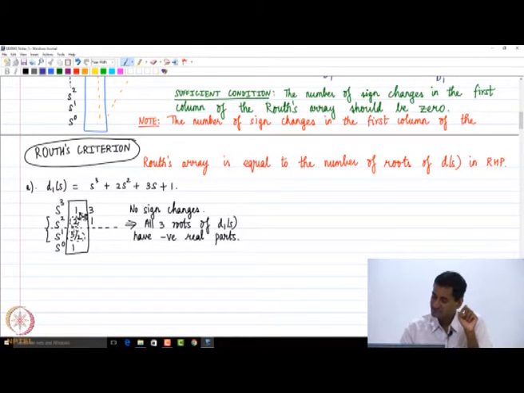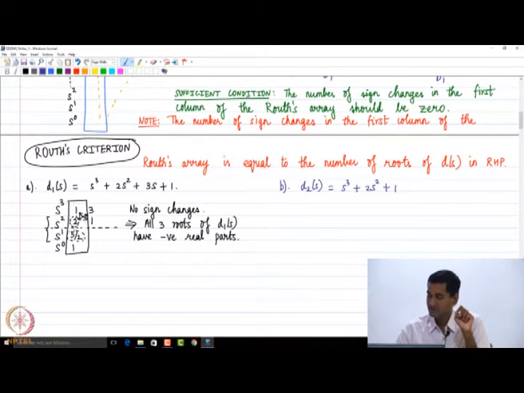So now let's go to the second polynomial. So what happened in d2 of s? We wrote it as s cube plus 2s square plus s plus 3. We just swap the s power 1 and constant term coefficients.